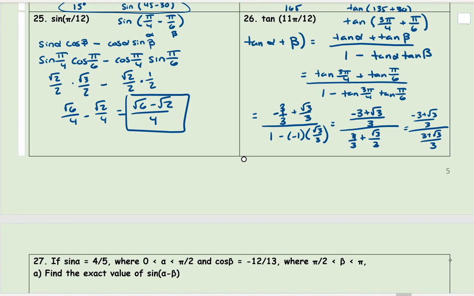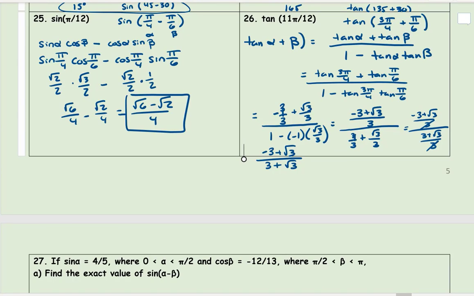When they have the same denominators and you're dividing by the fractions, they actually can go away. So now we have -3 plus root 3 divided by 3 plus root 3. Again, you can't cancel anything out here, unfortunately. Okay? You might think you can cancel out these 3's. That's a no-go. They're not being multiplied or divided here.